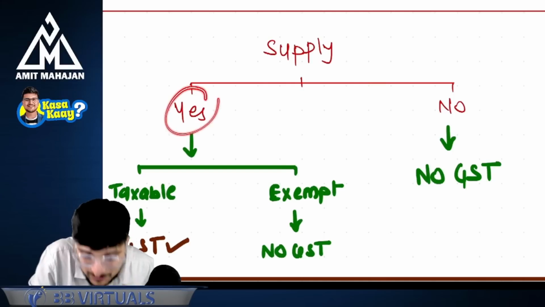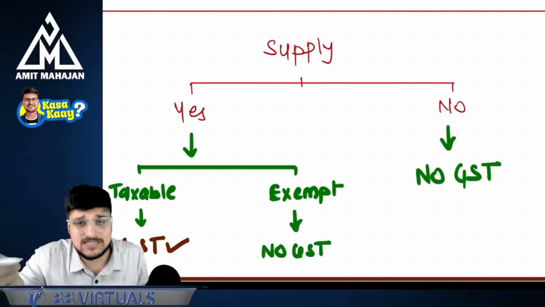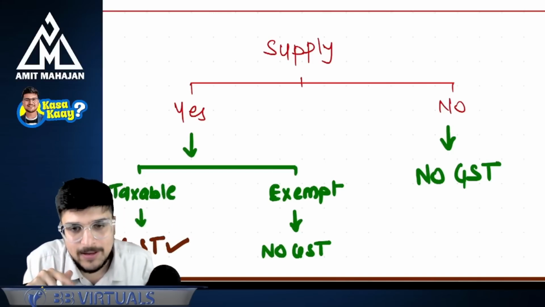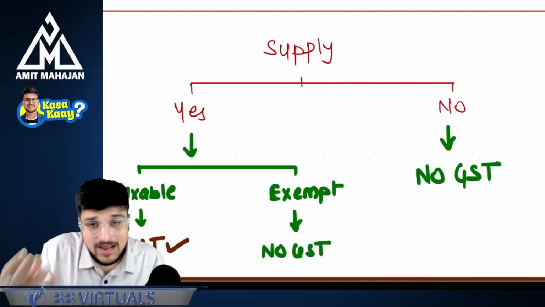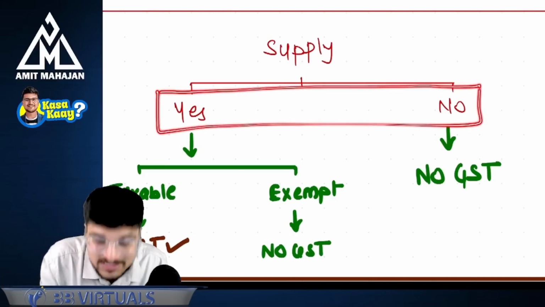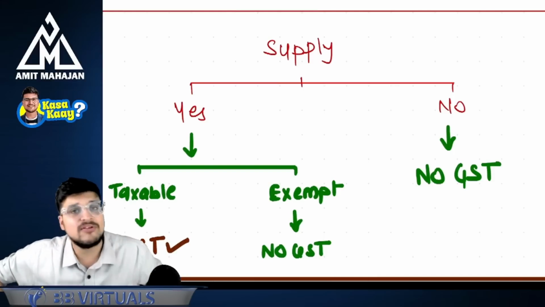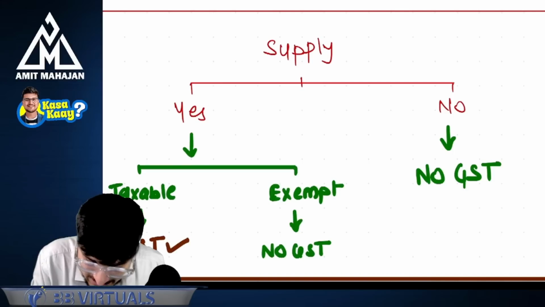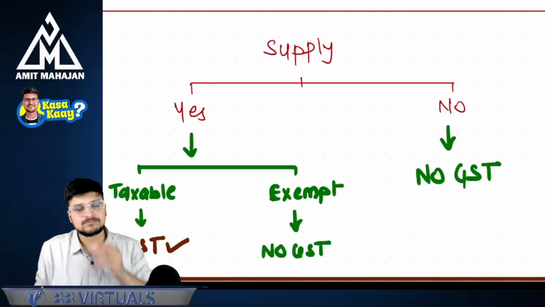But if there is a supply, there can be GST because that supply can either be taxable or exempt. And we have to understand from this chapter whether this transaction is categorized under supply or not. In this chapter, we will not see whether GST will be applicable or not. In this chapter, we will see whether supply will be there or not.